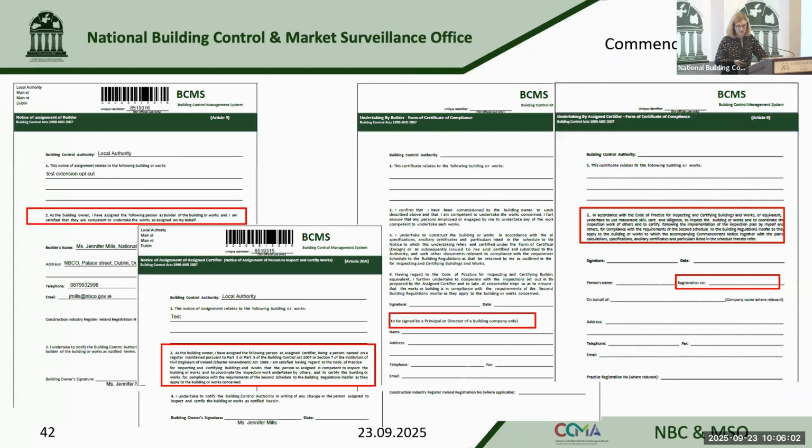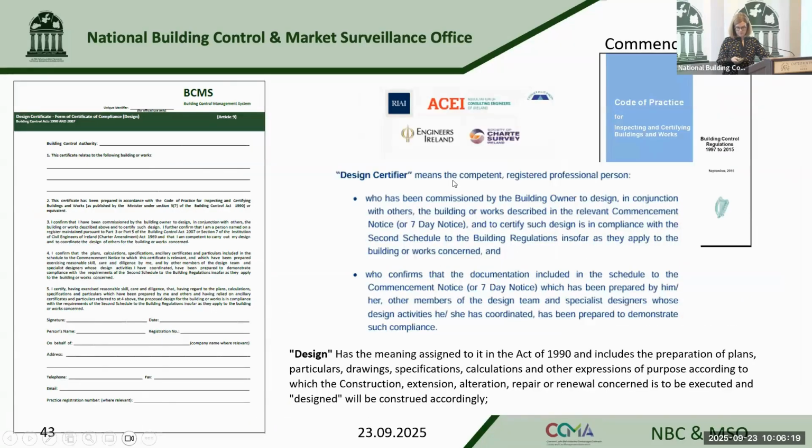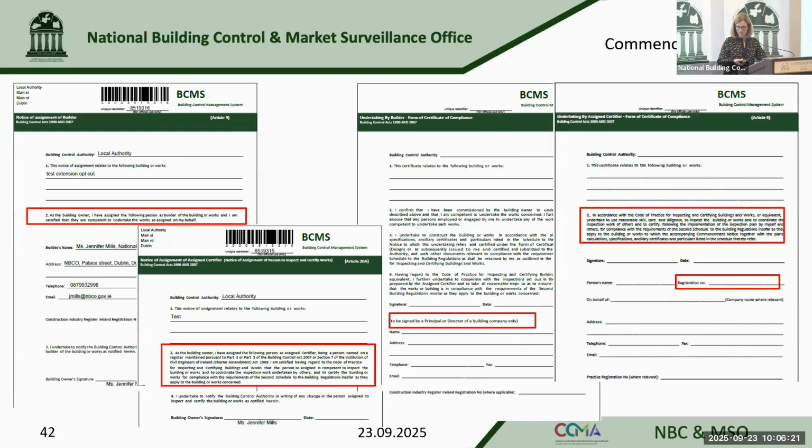And the notices of assignment then, it's very important that the people who are signing these are deemed competent, that they read them and that they only sign them when they know and they are satisfied that they are competent. In terms of your design certifier and your assigned certifier, these people must be registered professionals.